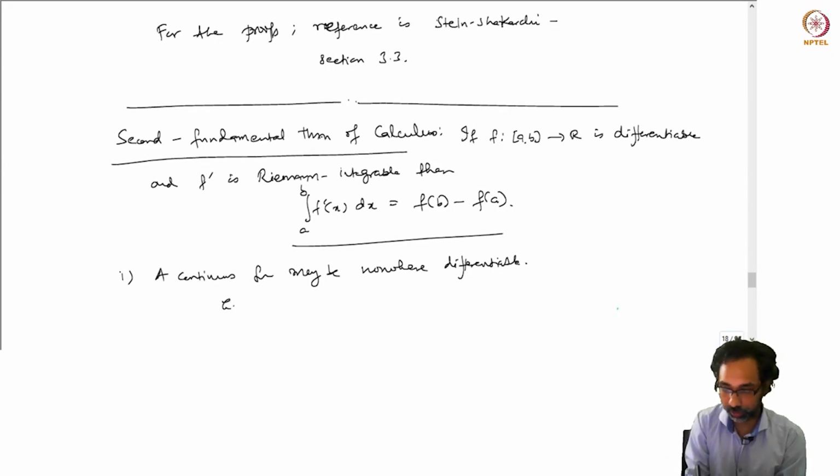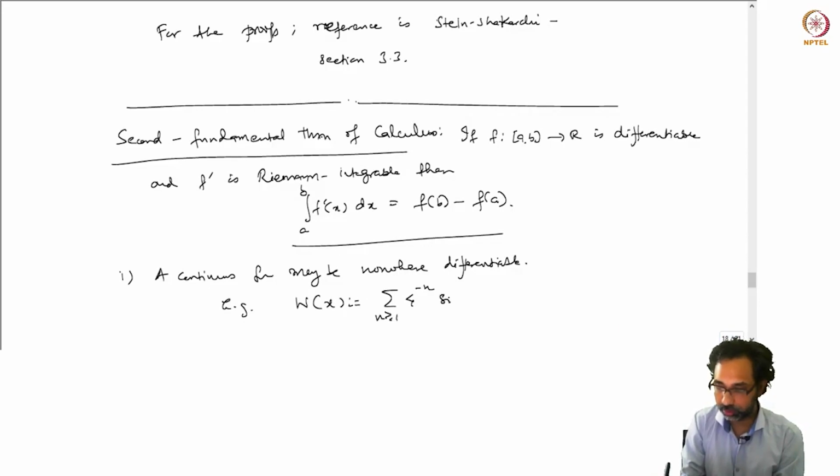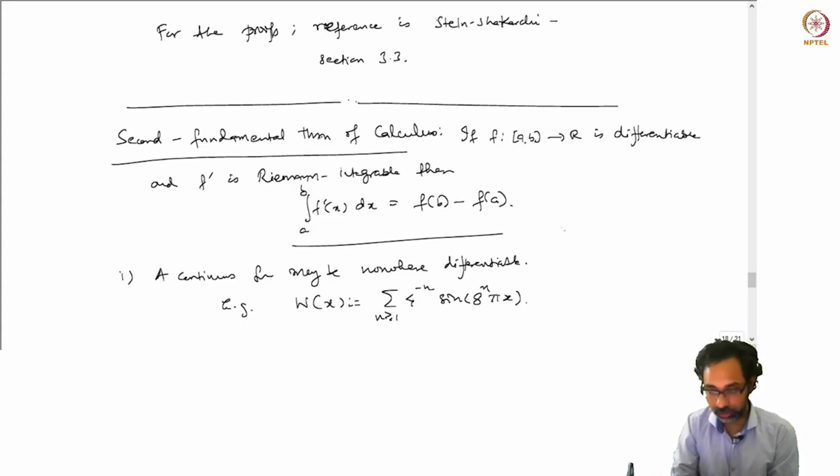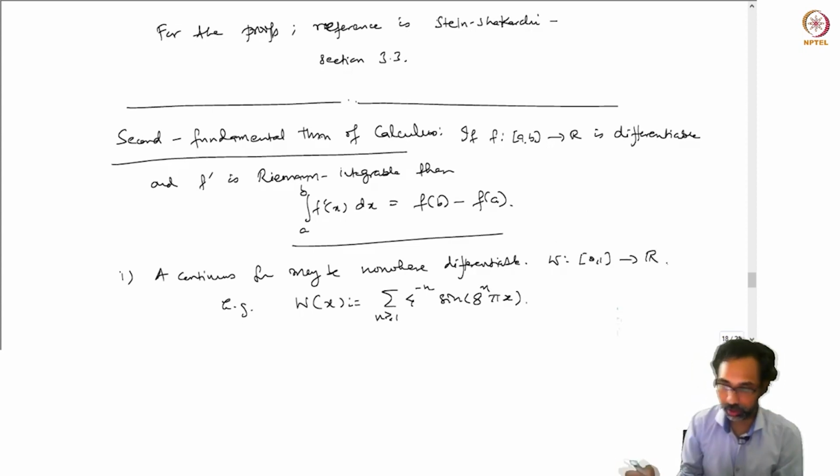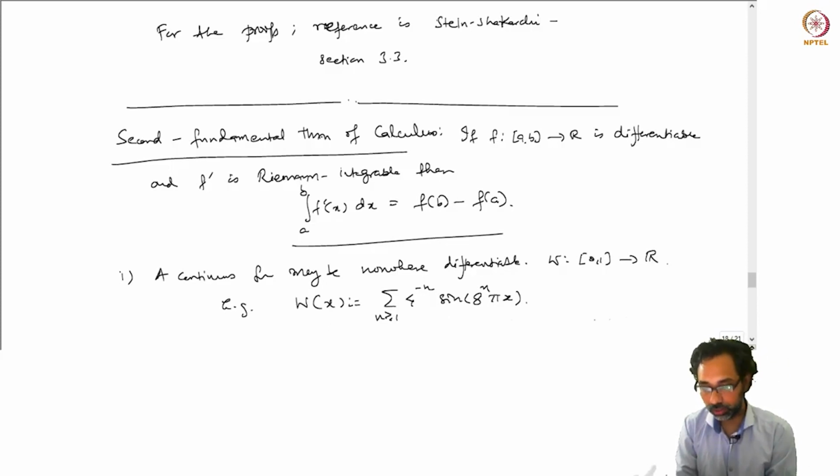An example is given by the so-called Weierstrass function, which is given by this sum of sine of 8^n pi x, defined over [0,1] to R, and one can show that this is nowhere differentiable in the interval [0,1].